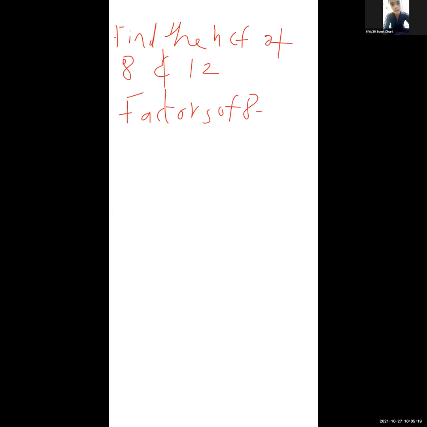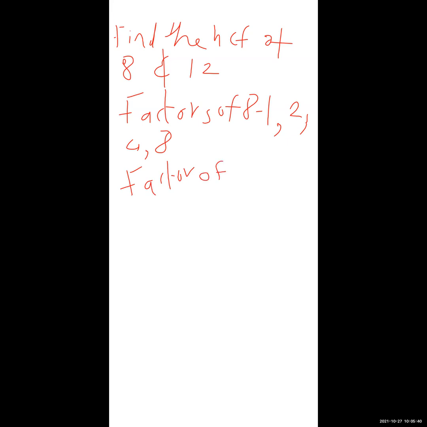Factors of 8. What are the factors of 8? Teacher, 1, 2, 4, and 8 itself. Very good. Now we will find the factors of 12.